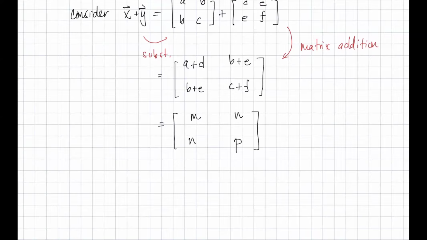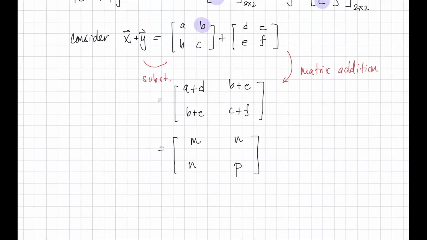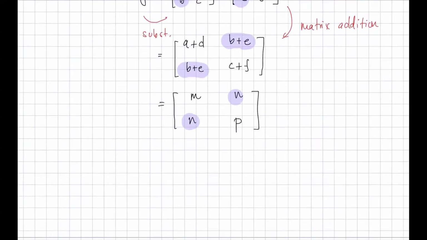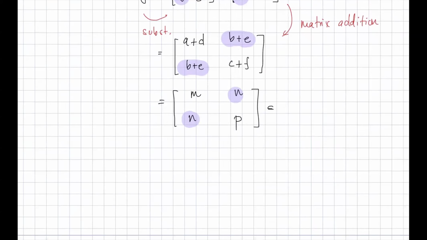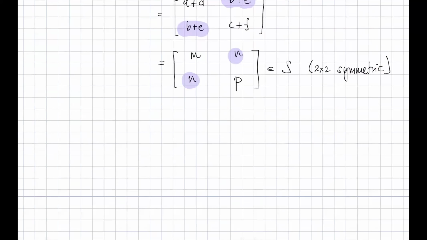But what I have here is, and we can see, symmetry. And if I reduce it and call them slightly different numbers, I have symmetry. And this result is a member of S, 2 by 2 symmetric. And so the format is preserved. So what this says is if I reach into my collection of 2 by 2 symmetric matrices and add them together, I have just proven to you that the result is always going to be another 2 by 2 symmetric matrix.